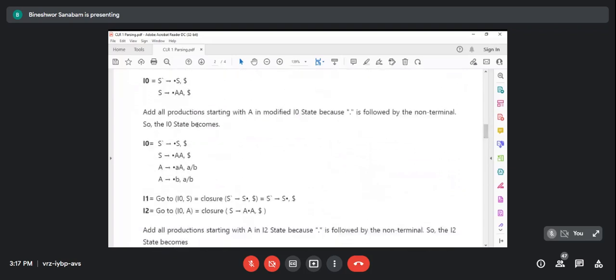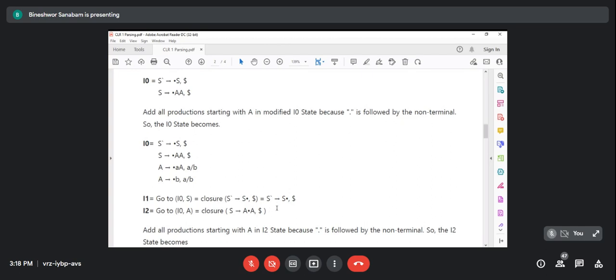So if we look over here, this is our I0 node. Then from I0, if we go to S, that is if we consider this first one, the closure becomes S dash implies S dot comma dollar.